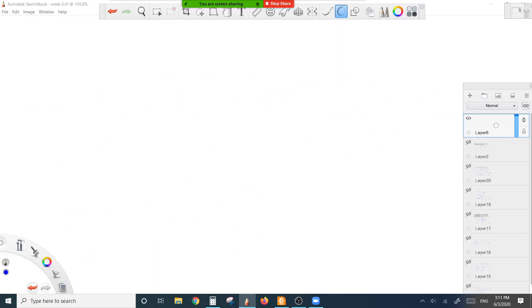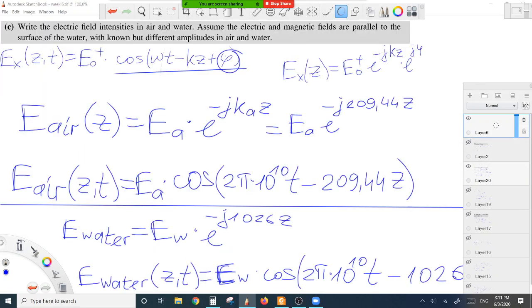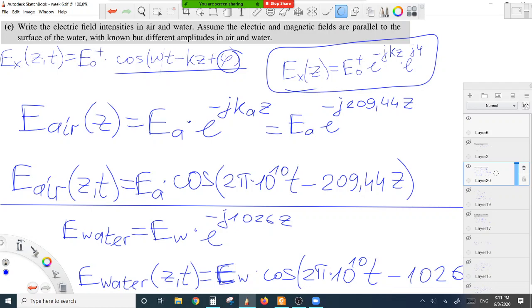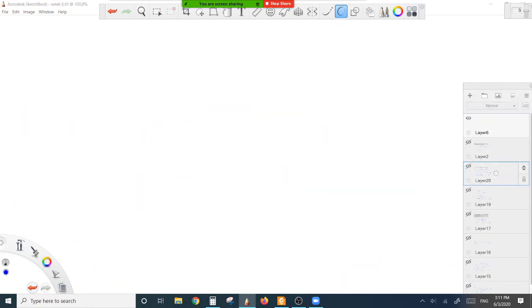Now, so far we have found a solution and discussed electric field intensity. Here we have found a solution in terms of electric field intensity and discussed only electric field intensity.